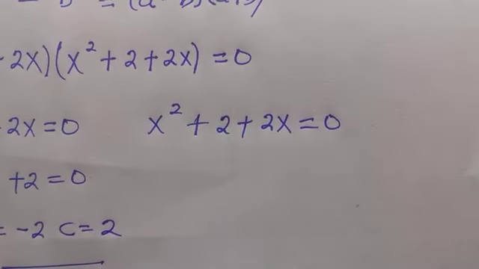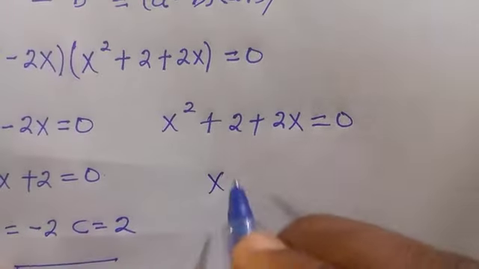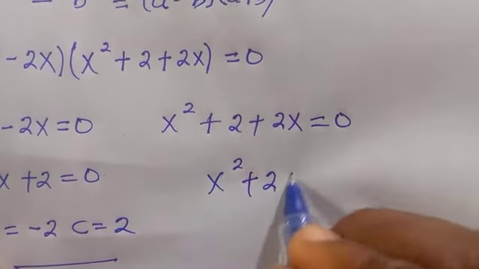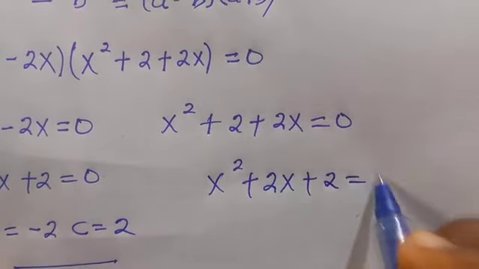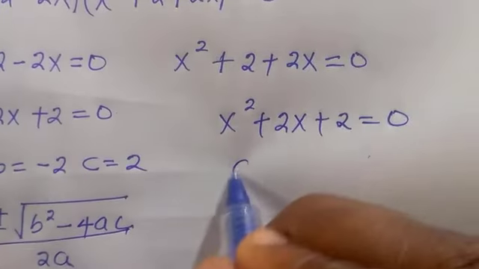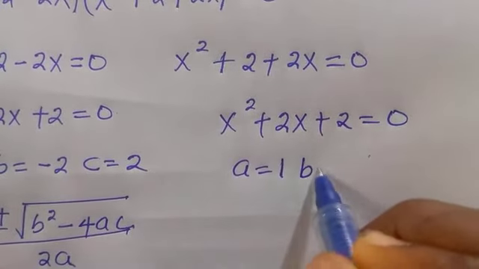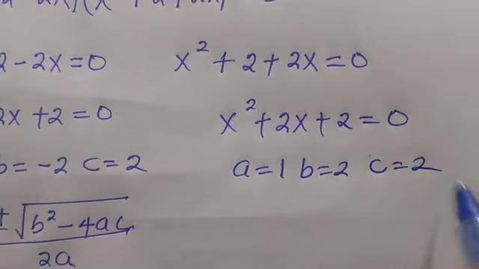And let's see how to solve the second one. So we have this as x squared plus 2x plus 2 equals 0, just a rearrangement. Then we have a is 1, b is 2, and c is also 2.